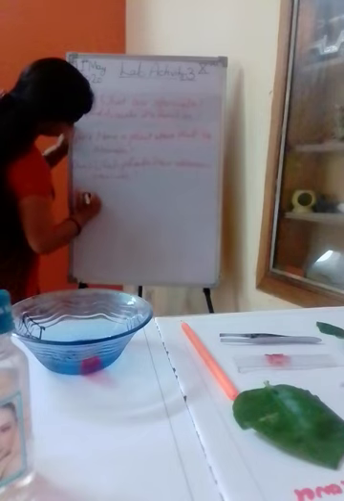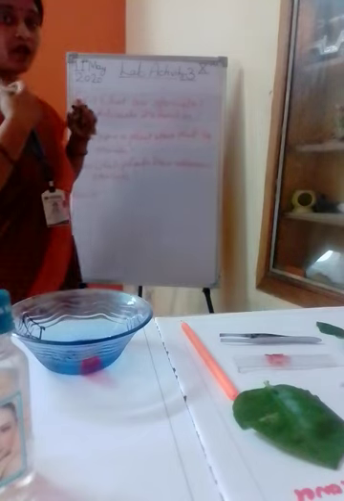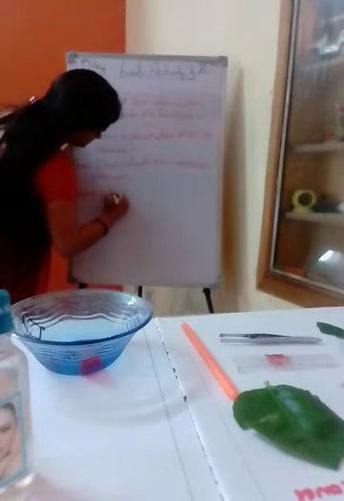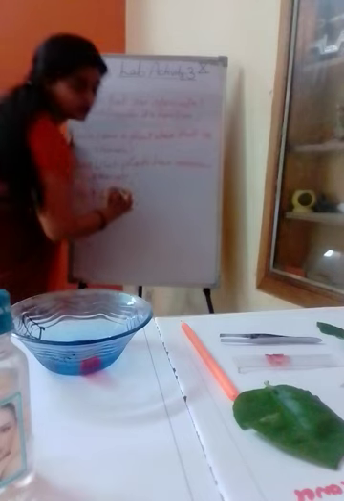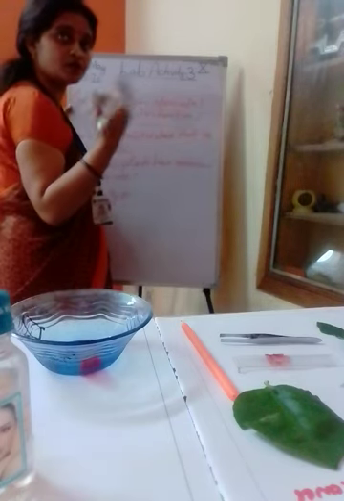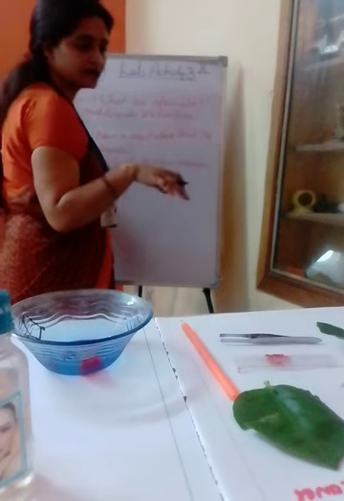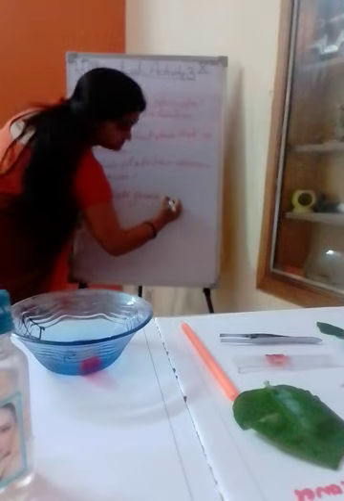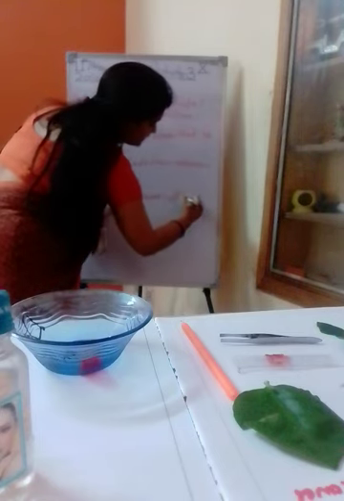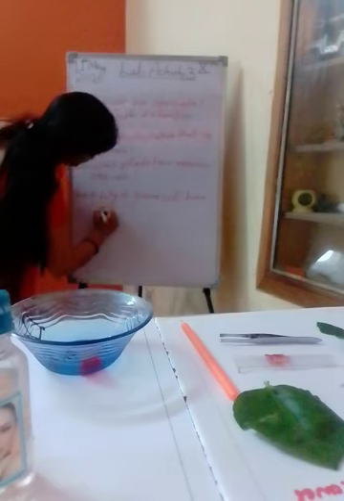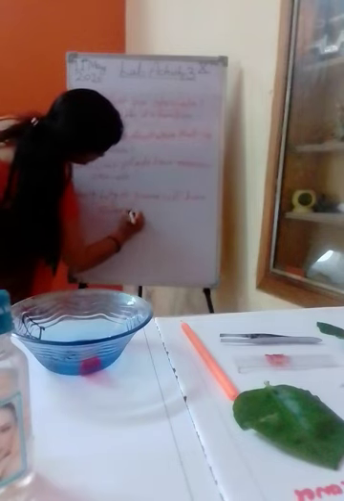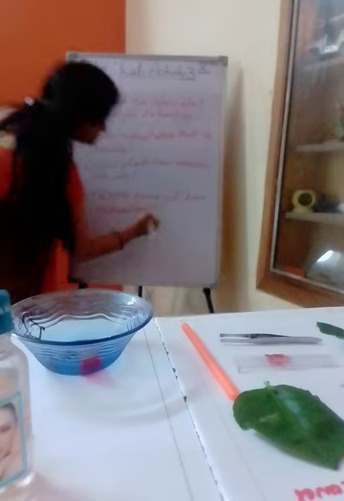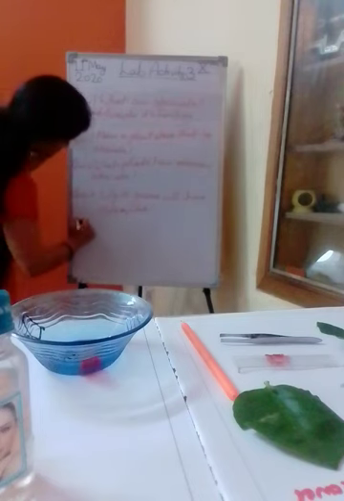Name those plants. Now the next question is this: why do guard cells have chloroplast? You can also say, what is the function of guard cells in stomata? That is a very important function of chloroplast.